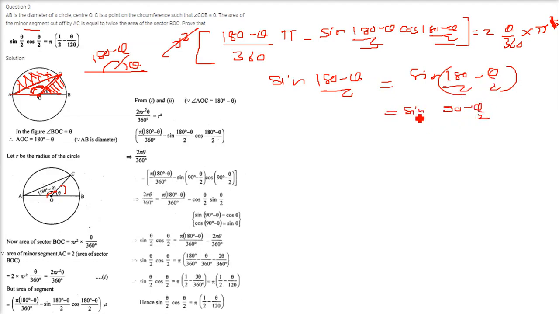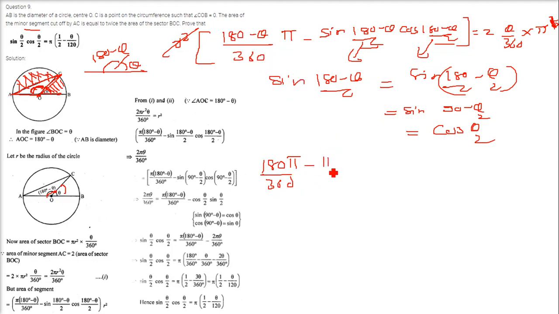Sine of 90 minus theta is cos theta, so this will be cos theta by 2. Similarly, with the same discussion, this will be sine theta by 2. So I'll write this as 180 pi by 360, and I'll take them separately.